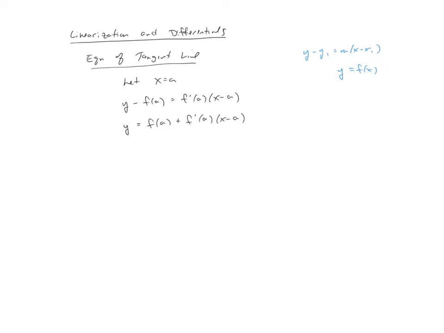But if y equals f of x, now I'm in a position where I can say that f of x is going to be approximately f of a plus f prime of a times x minus a, which is in fact a linear equation we'll call L of x. So our tangent line is driving this whole thing to give us a linear approximation of our nonlinear function f. So this line is approximately our curve here. I'm going to go ahead and clear the screen. I'll get an example up here real quick and show you what this can do for us.